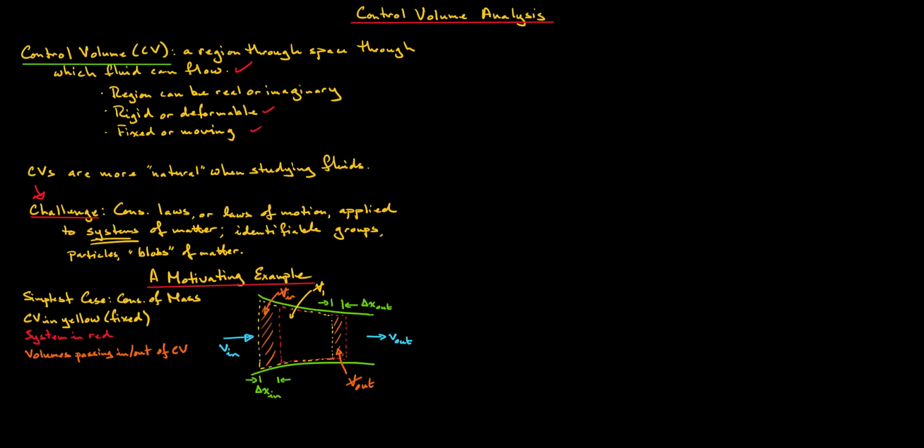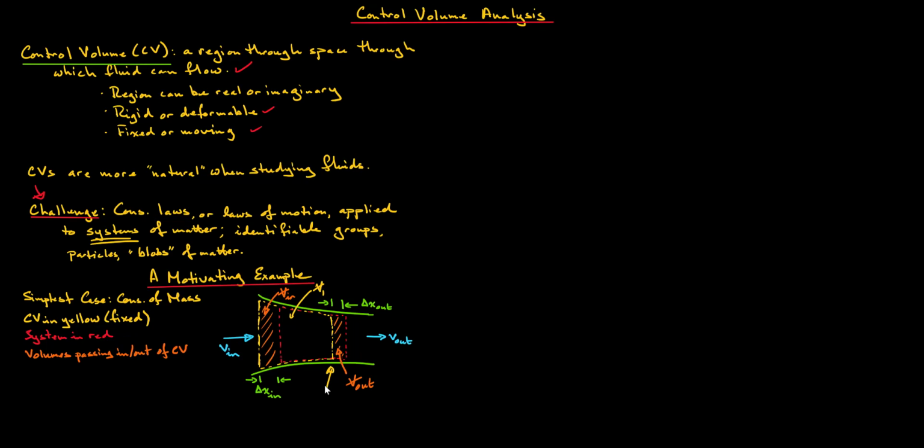Okay, let's consider a motivating example. And what we will do, we will look at the simplest case, which is that of conservation of mass. So here what we have in green is some sort of nozzle. Okay, so it's a contraction through which a fluid will pass by. And what I have here in yellow is the control volume. This is our control volume, which is fixed.